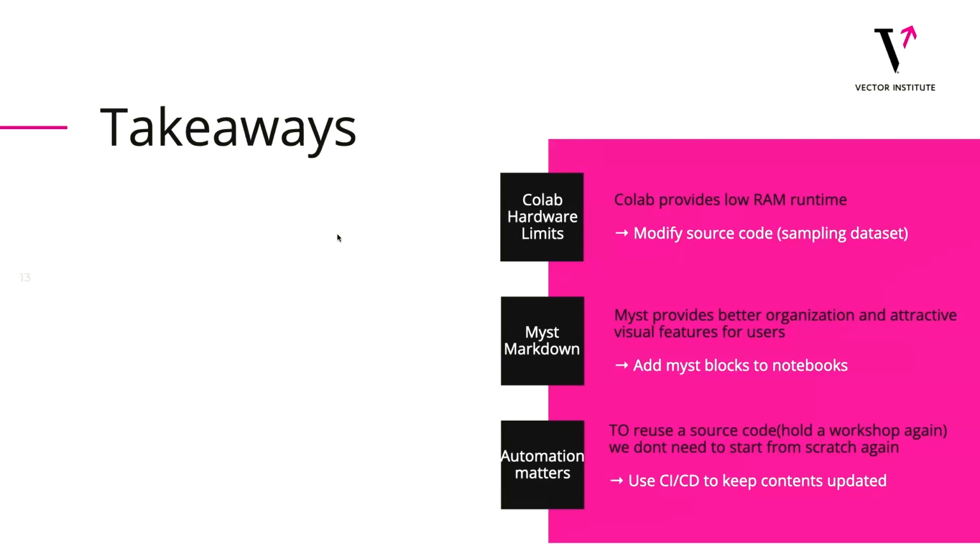I got familiar with MyST Markdown, which provides more user-friendly features when you're building websites and writing notebooks. And I really figured out that automation really matters when you want to maintain source code or workshop content. As soon as you have a new feature or a new file added, you would be able to provide it to the broad audience as soon as possible.